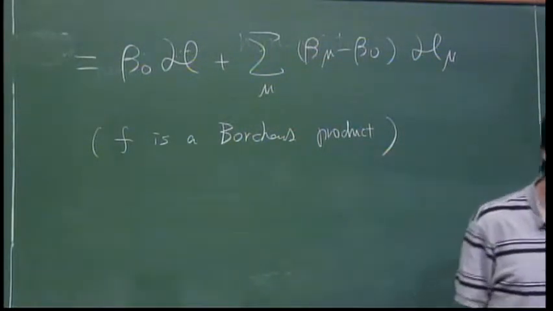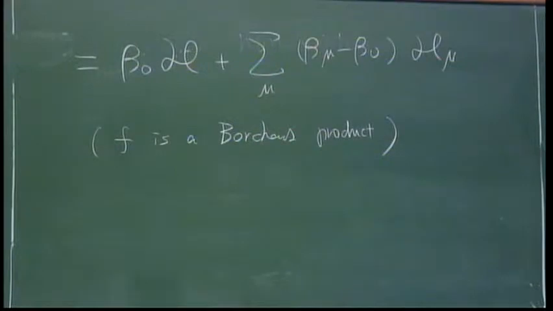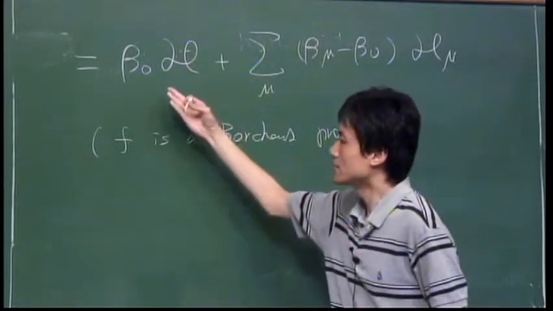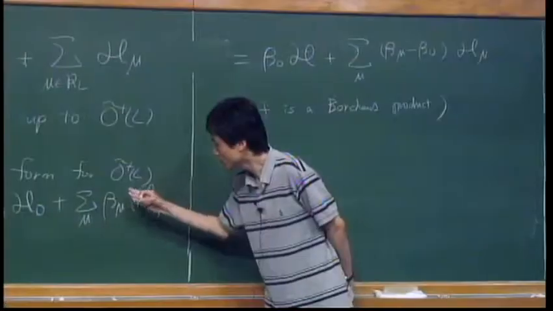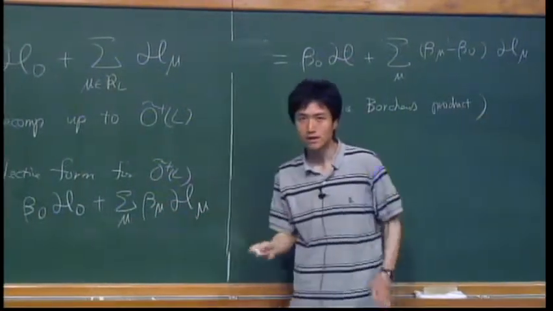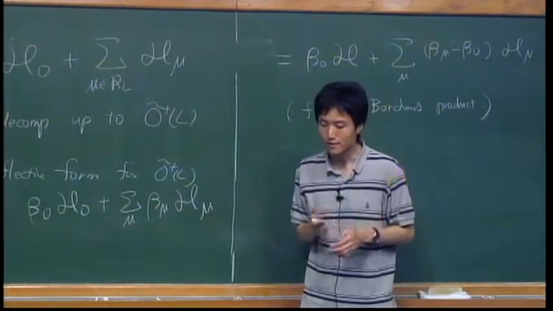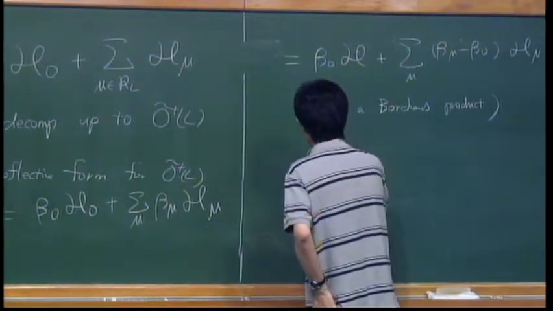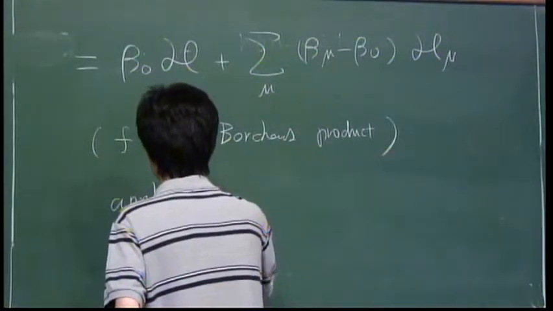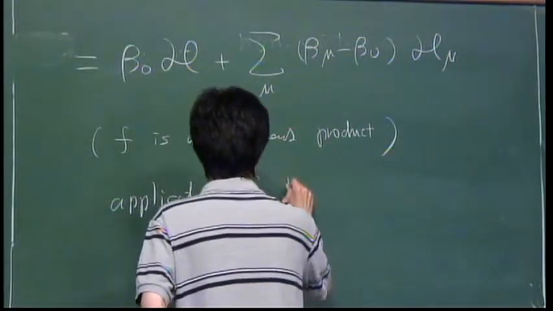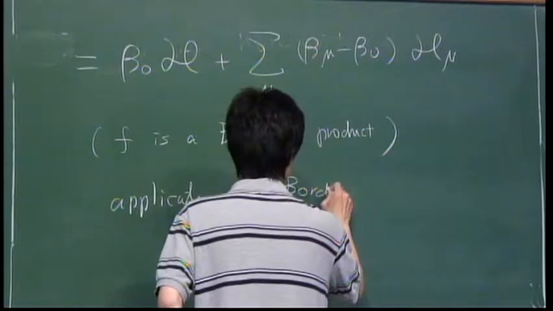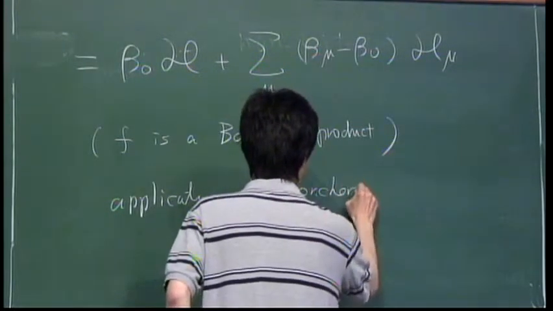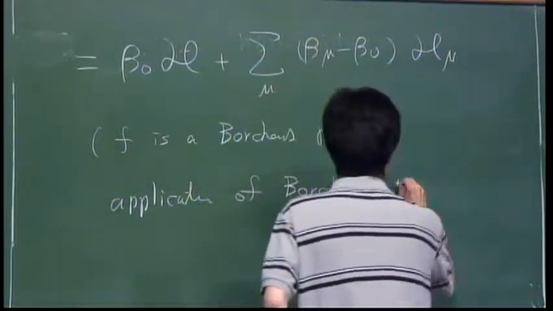And conversely, by the theorem of Borcherds, given such multiplicities, they can be realized as the divisor of modular forms. So this is an application of Borcherds' theorem.